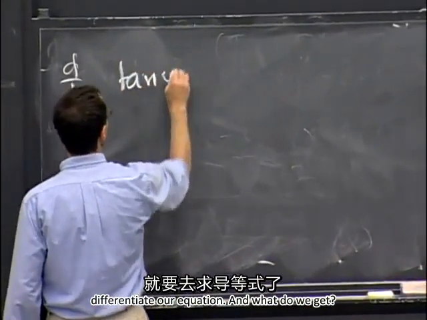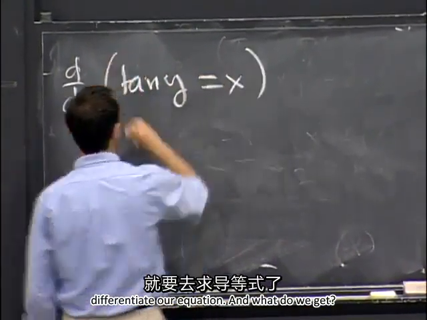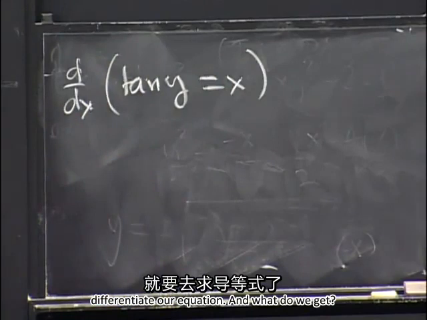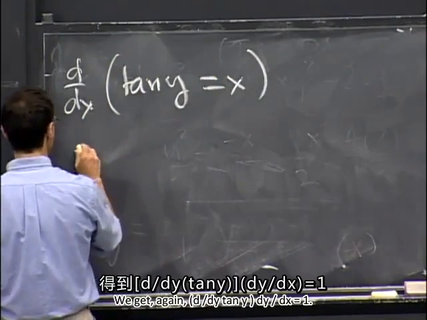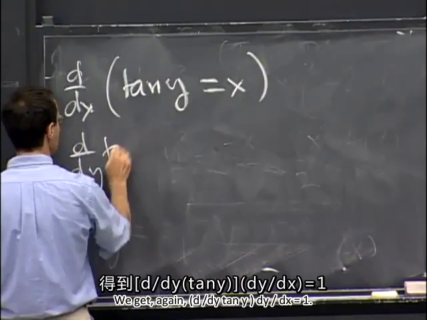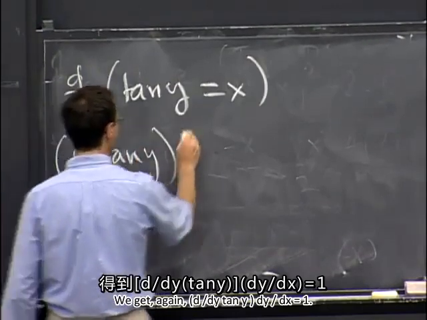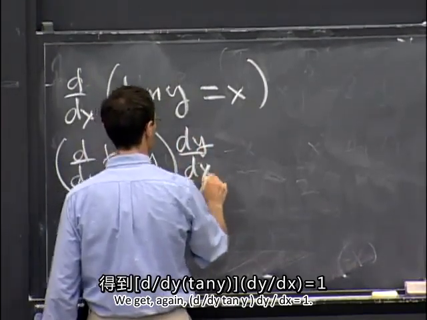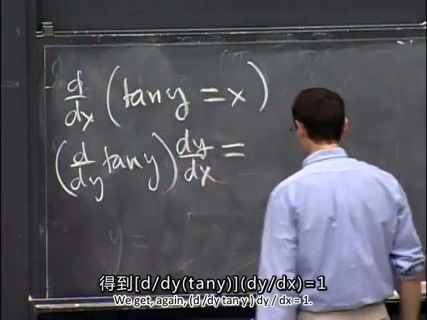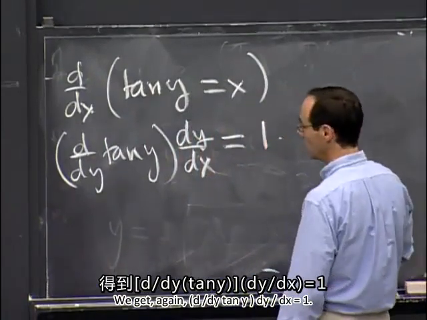And what do we get? We get, again, d by dy tan y times dy dx is equal to 1.